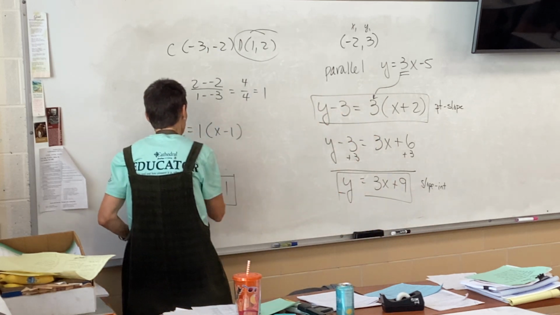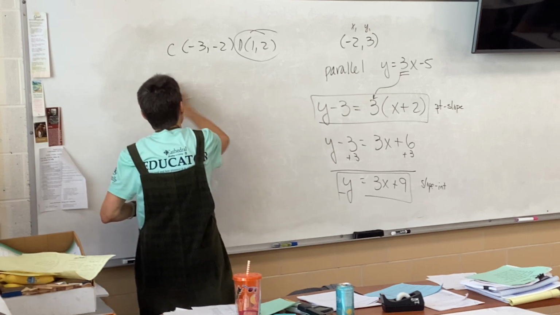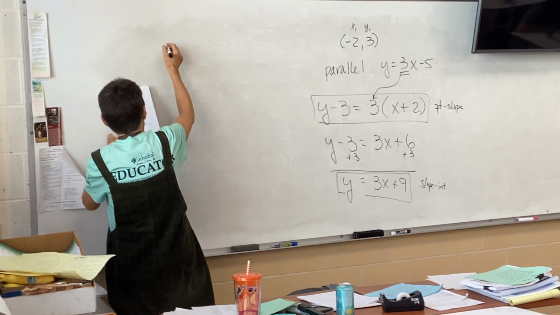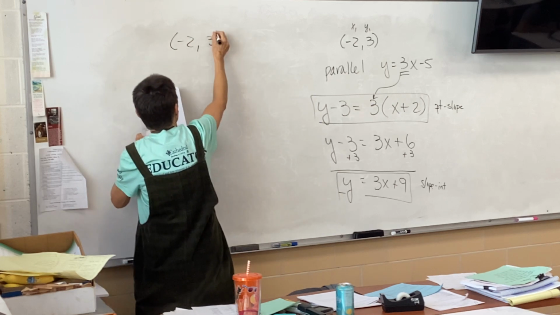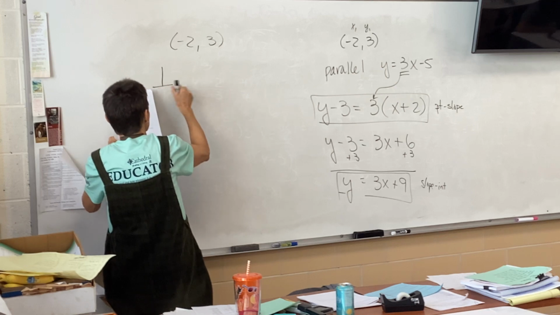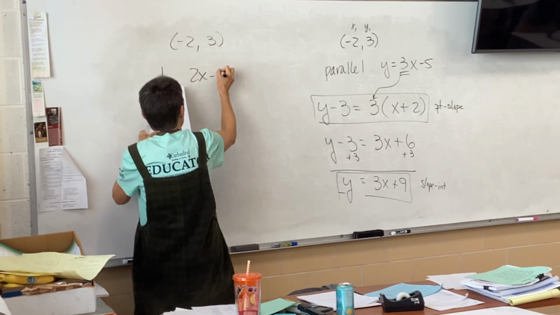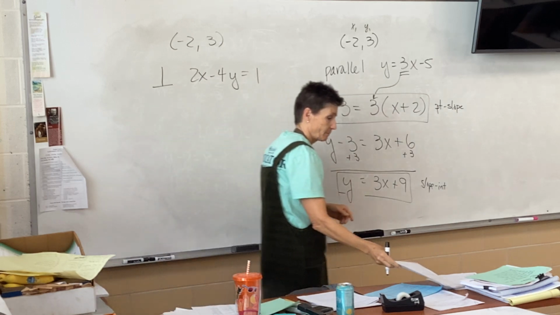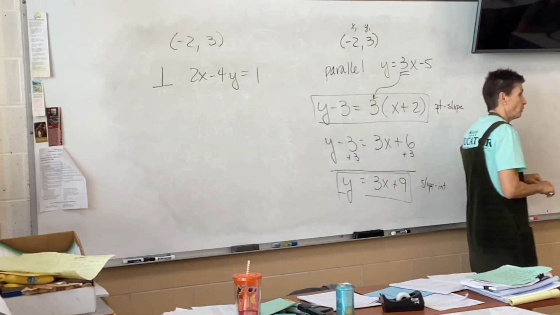All right, one more. This one is perpendicular, so the same point, negative 2, 3, but we need to be perpendicular, I'm going to use the symbol, to 2x minus 4y equals 1. All right, tell me what you know about that.